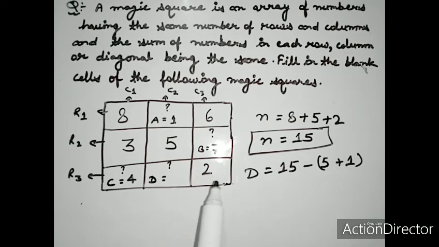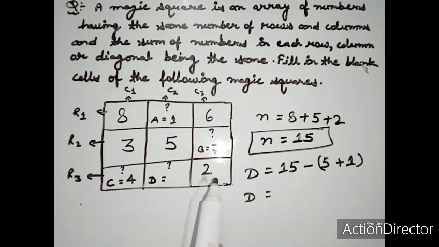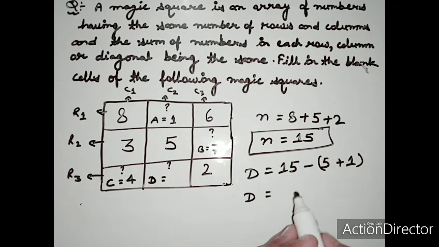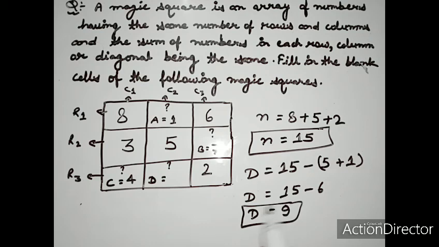We get the same answer both ways if you take two numbers from the row or column. So now 15 minus 6, 9. So we get the value of d equal to 9. Now we check our answer. So here we add these three numbers, 9 plus 1 is 10, 10 plus 5 is 15. So here we get the sum of these three numbers, 15.